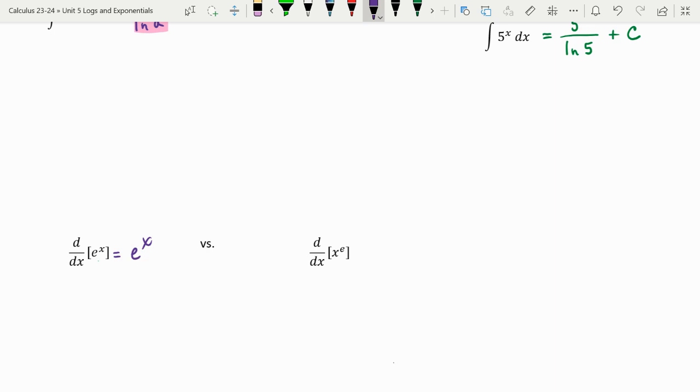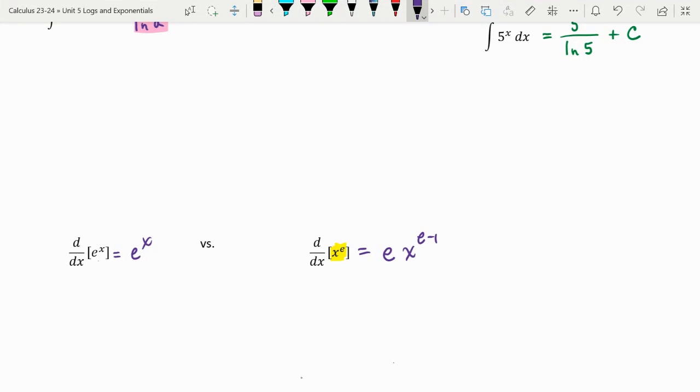But in this next example, the base is not the number. The x is the base. So the derivative of x to the e, the exponent is e, which is a number. So this is a power rule.